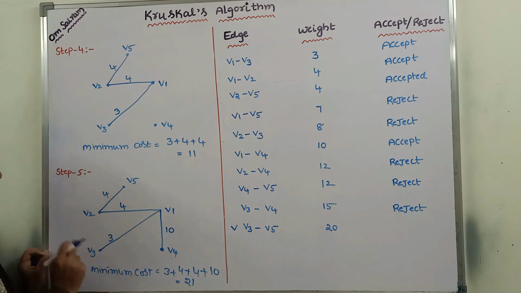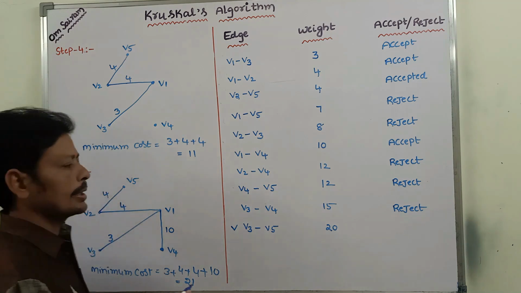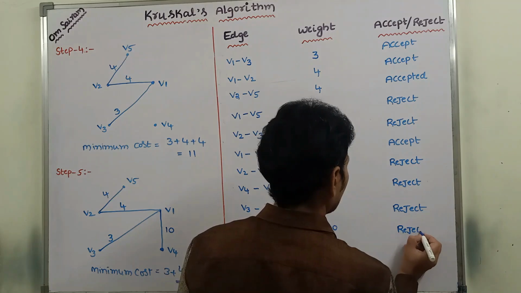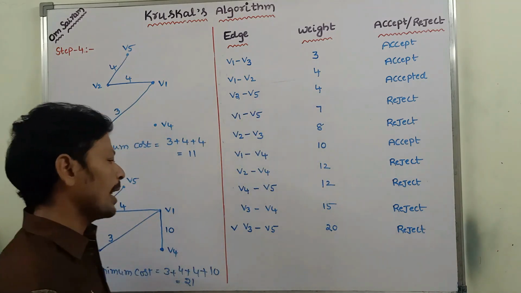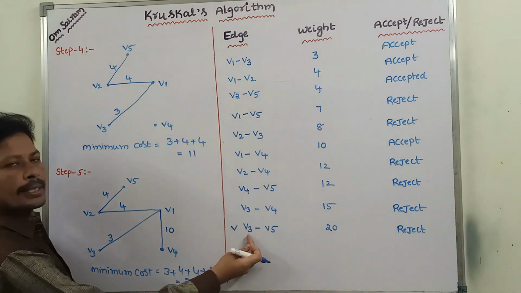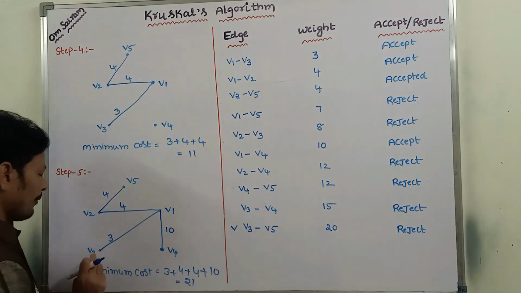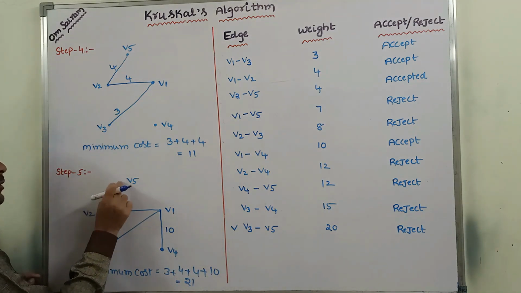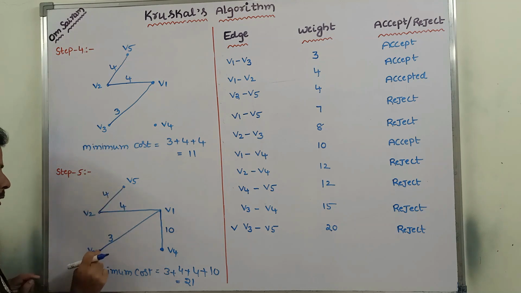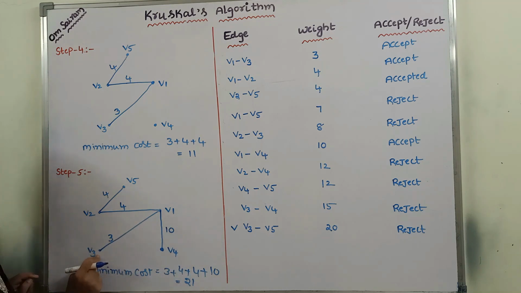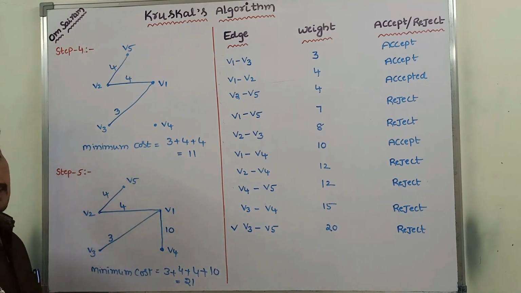A cycle is formed, so we have to reject that edge.